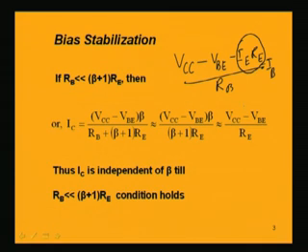Whatever increment has taken place in IC will be balanced, because the increment of IC results in the numerator quantity being decreased. So, IB will come down again, and the coming down of IB will in fact bring IC down, because beta times IB is equal to IC.